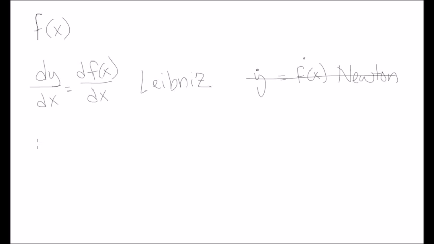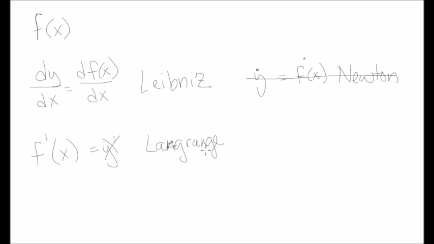The other frequently used Harris notation is Lagrange's notation, which is the prime notation. So f prime of x could also be written y prime, although you really don't see that done very much. So that's the Lagrange notation. For those of you who are hearing other people talk about stuff, this is not the Lagrangian.